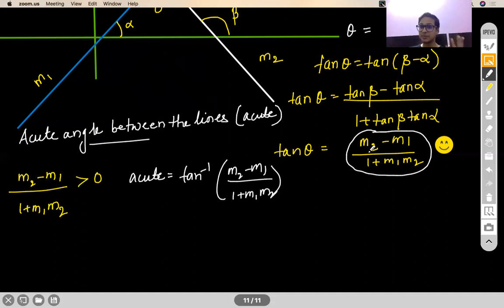Okay, but this is subject to the fact that I am getting M2 minus M1 by 1 plus M1 M2 as a positive quantity.